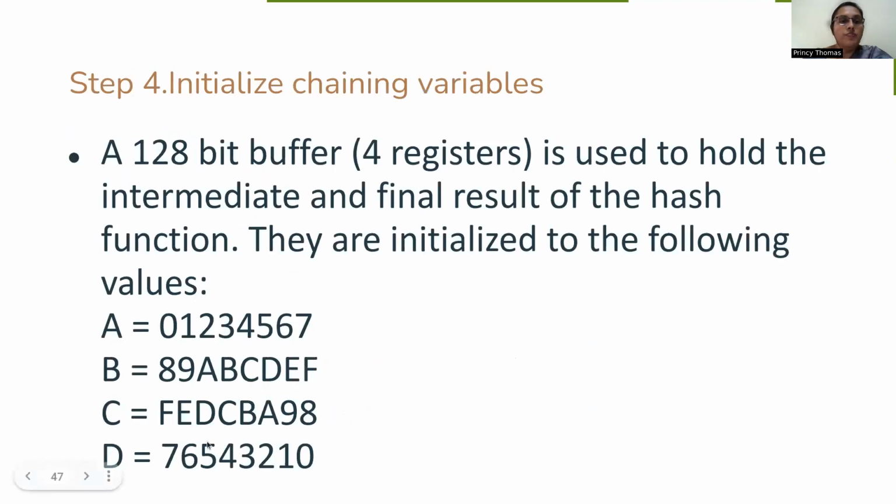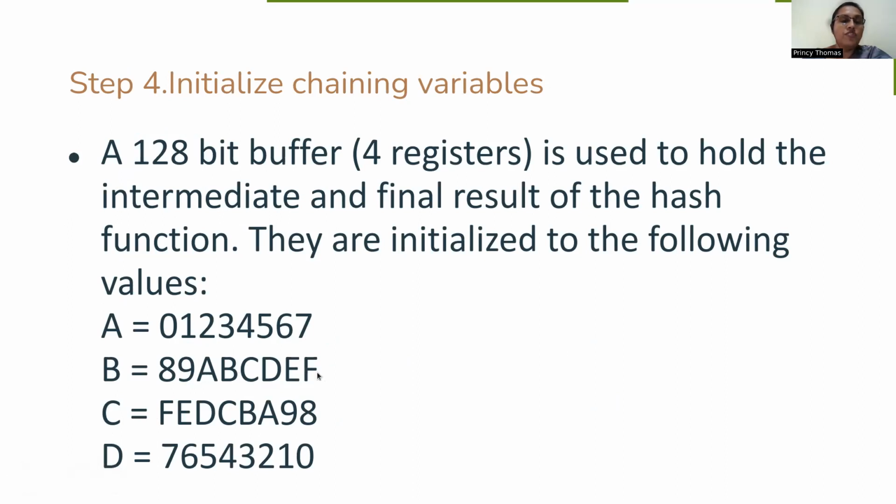There are 4 128-bit buffers with 4 registers used, and they are initialized. A is 0, 1, 2, 3, 4, 5, 6, 7, 8, 9, A, B, C, D, E, F. Then C is F, E, D, C, B, A, 9, 8. These 2 are easy to remember, but B and D are in the opposite direction.